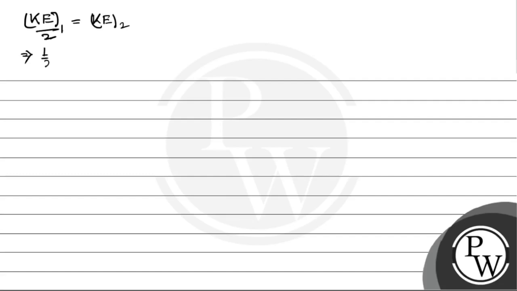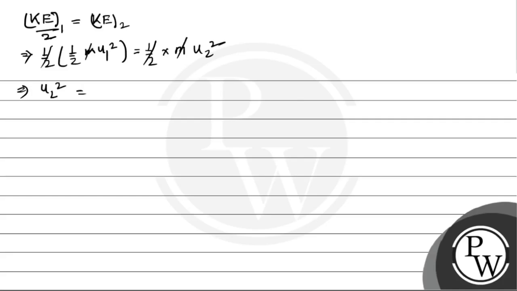So half into half m u1 square equals to half into m u2 square. half half both sides से cancel out हो जा रहा है, m cancel out हो जा रहा है, and we get u2 square equals to half u1 square. अब u1 square का वैल्यू हमने पहले ही डिटरमाइन किया है which is 4800. ओके, तो 2 से 4800 को काट किया तो हमको मिलता है 2400.